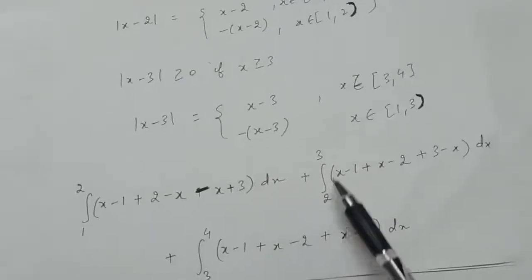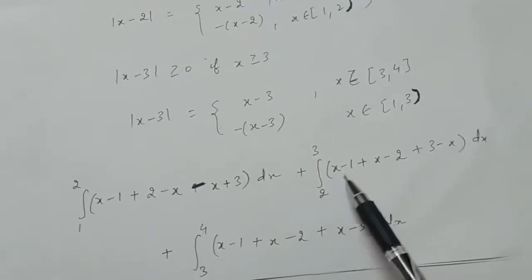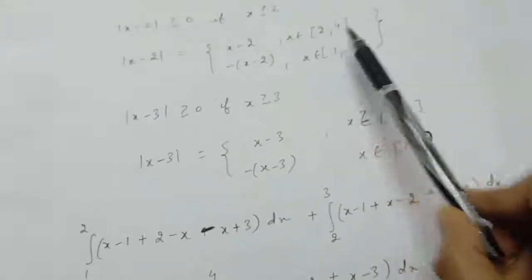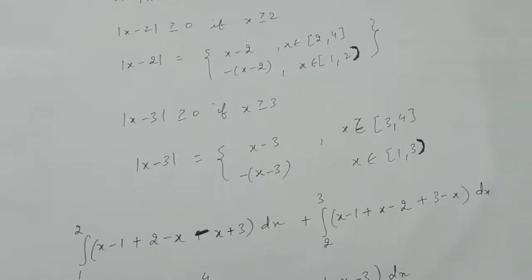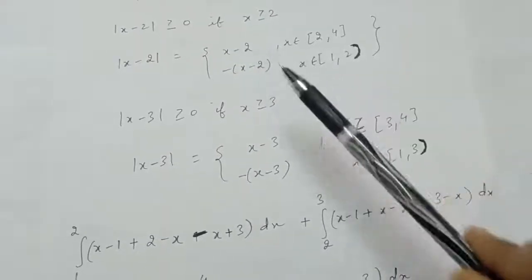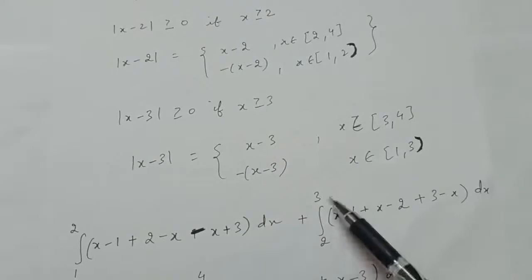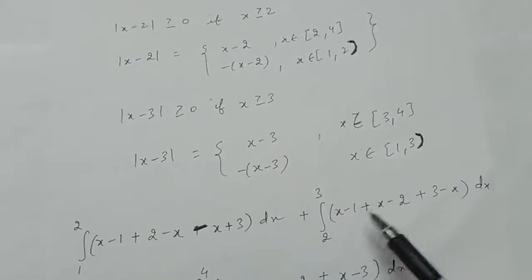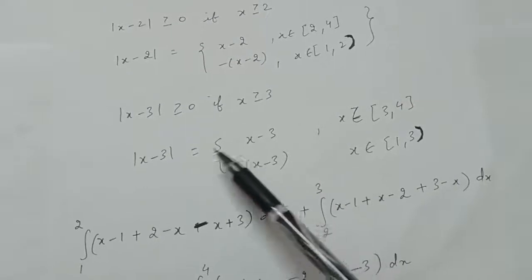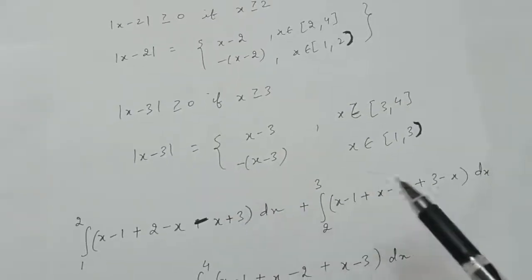Now from the interval 2 to 3, x minus 1 is positive, and x minus 2 is also positive in the interval 2 to 3. You can see because from 2 to 4 this is positive, therefore from 2 to 3 also this will be positive. But from this interval 2 to 3, modulus of x minus 3 is still negative.